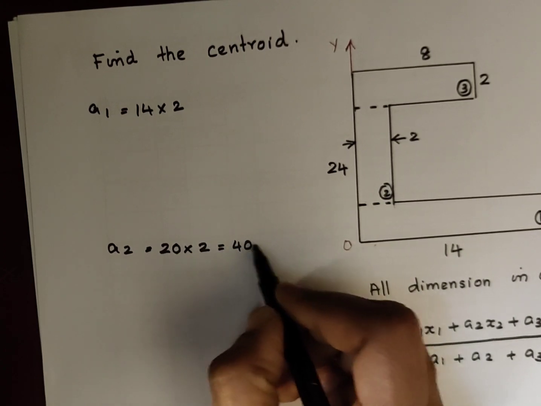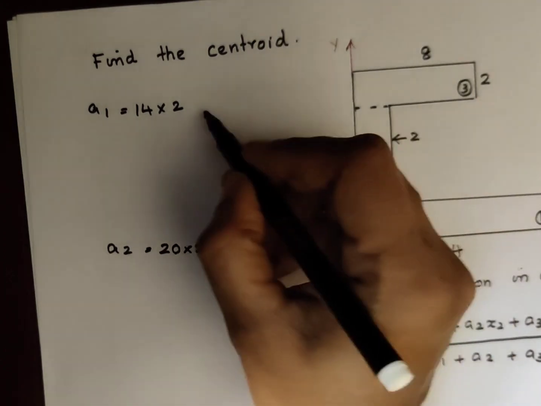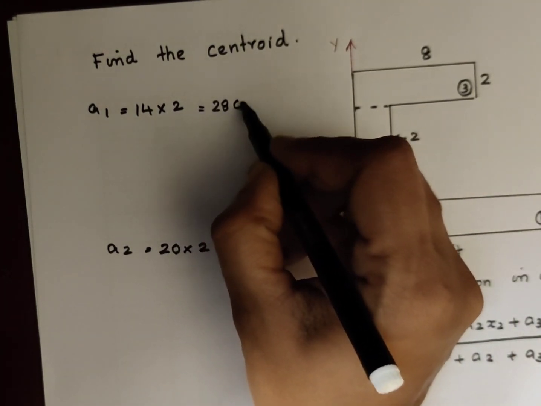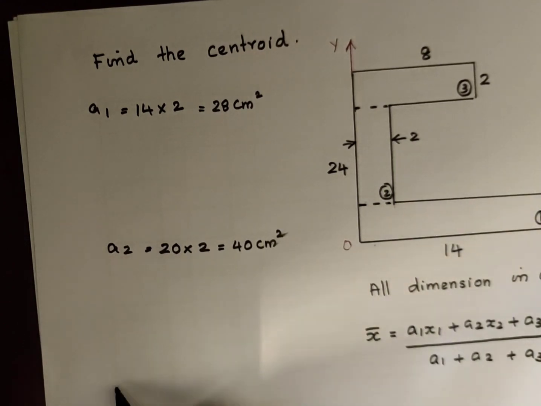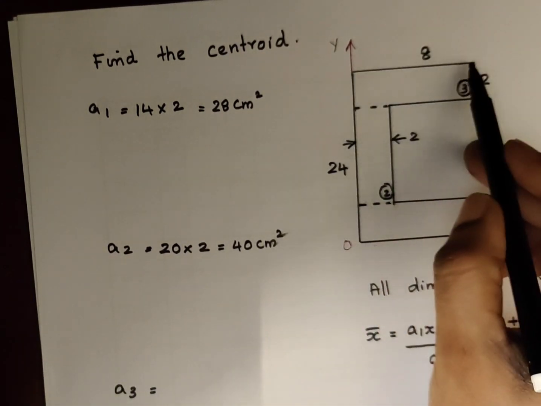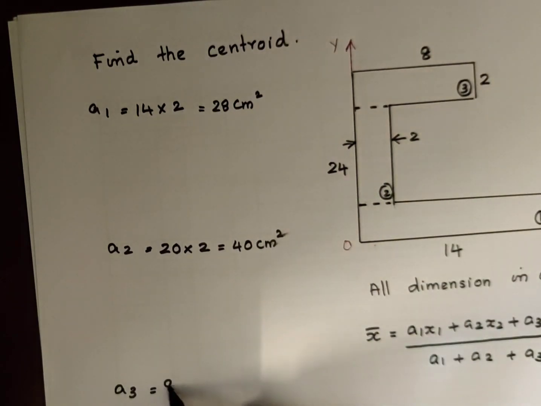So here it is 40, unit is centimeter square. Here it is 28 centimeter square. So now a3 is equal to, this width is 8, this depth is 2. 8 into 2, that is 16 centimeter square.